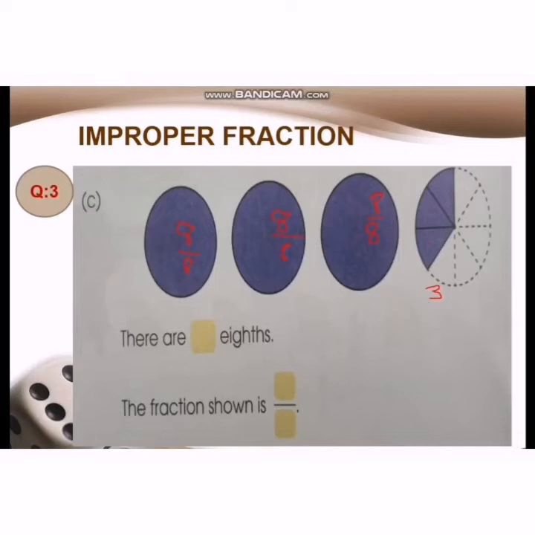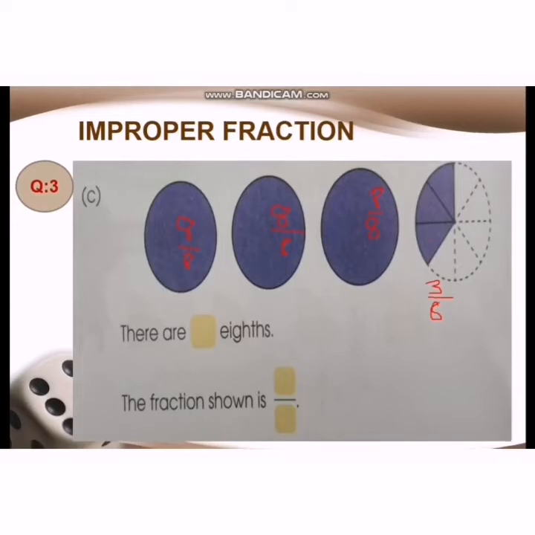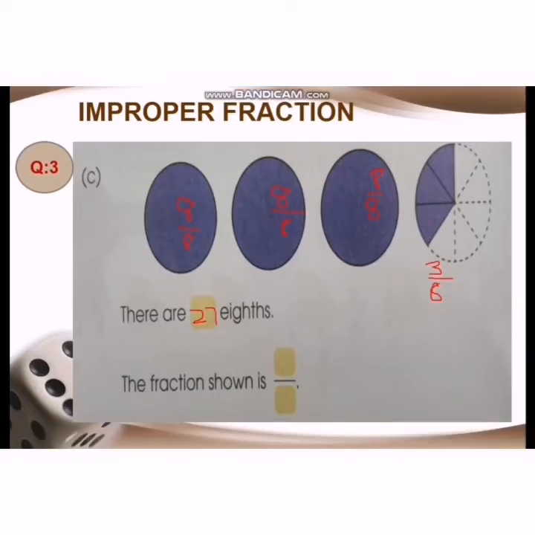Now the fourth figure has three parts shaded, so its fraction is 3 by 8. When we add these four figures, 8 plus 8 plus 8 plus 3, we get 27 eighths. So the fraction is 27 by 8, and 27 by 8 is also an example of an improper fraction.